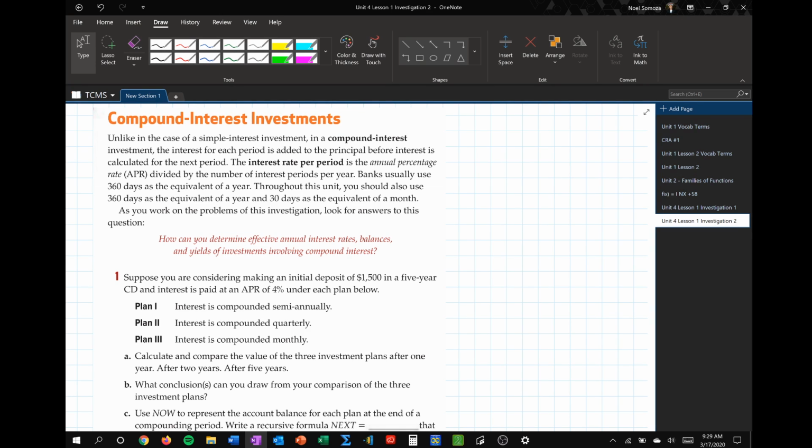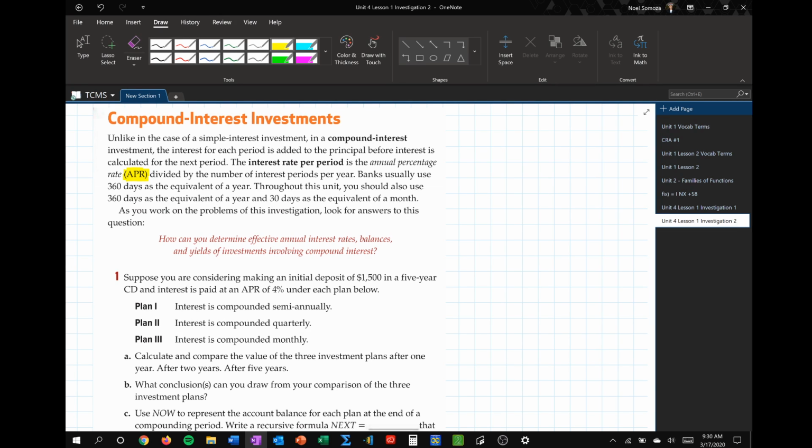The interest rate per period is the annual percentage rate, APR, divided by the number of interest periods per year. You may have seen this term APR in commercials, with a car, 0% APR, 1.9% APR. That's the annual percentage rate. Banks usually use 360 days as an equivalent of a year. So throughout this unit, you should use 360 days as an equivalent of a year and 30 days as the equivalent of a month.